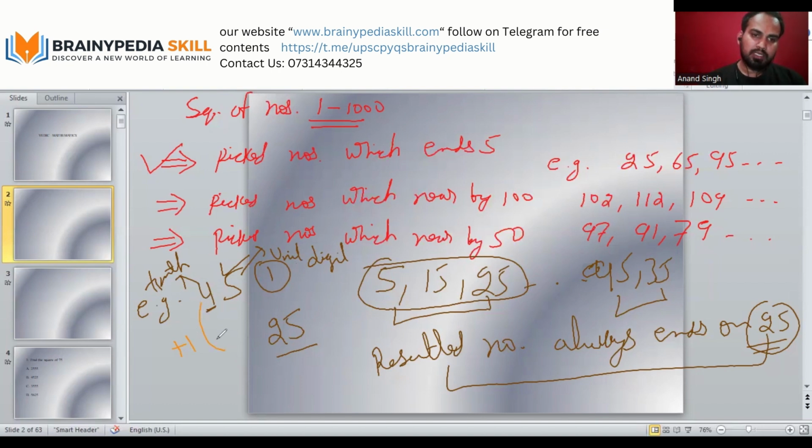So 4 plus 1 is going to be 5, right? Now, after adding 1, just multiply the numbers. It means 4 into 5, the resultant number is going to be 20, and just write it down over here. So this is the square of 45, right?